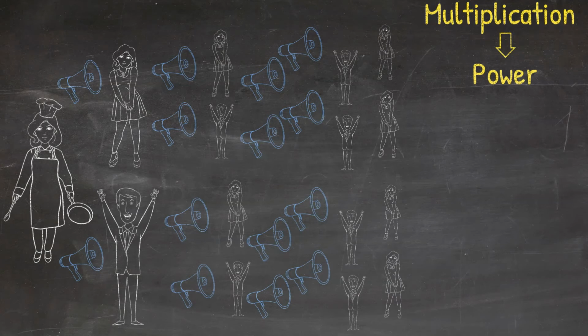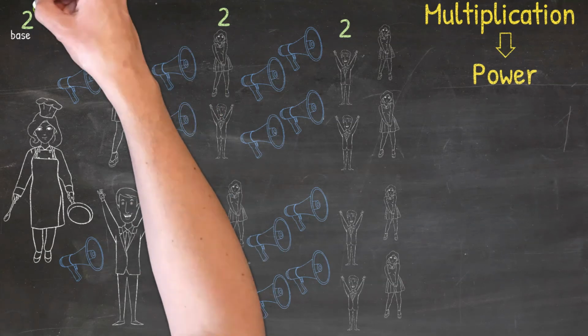another 8 new followers. So the multiplication rate of 2 in this case is called a base, and each step in the process, going from the chef herself, who gives the lessons, to the first 2 friends and so on, is reflected in the exponent.